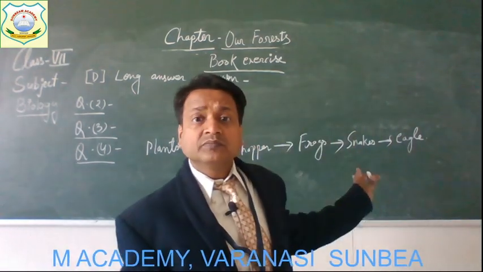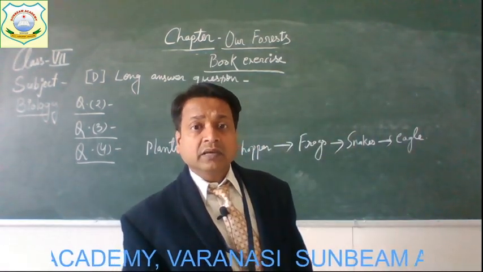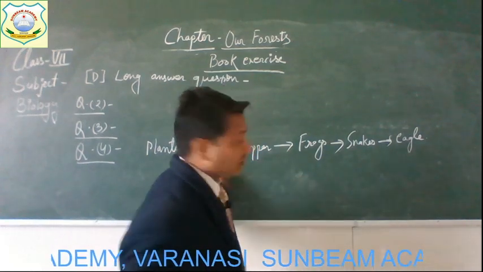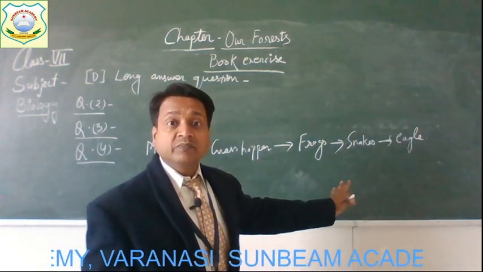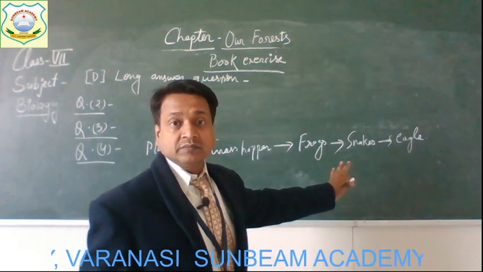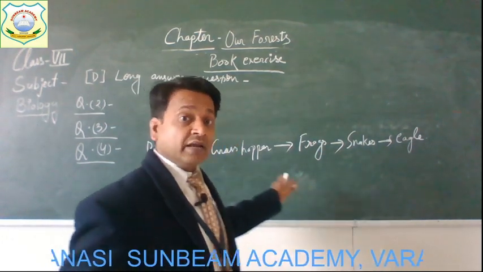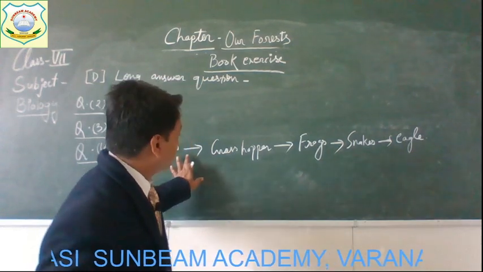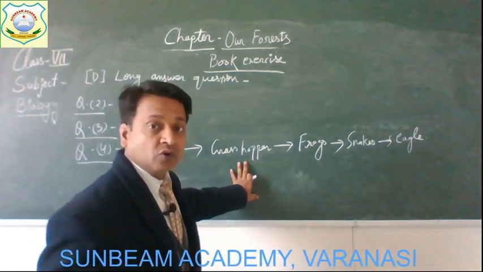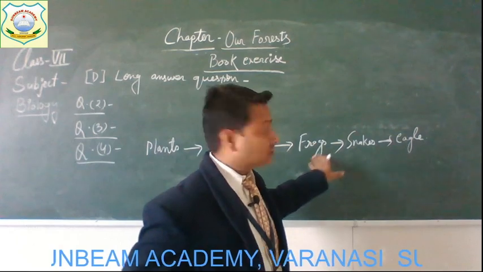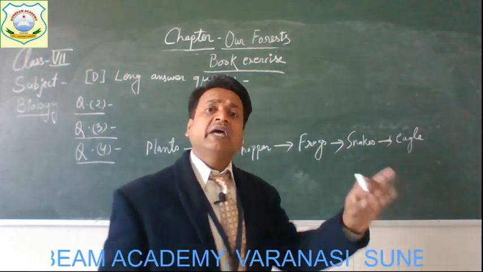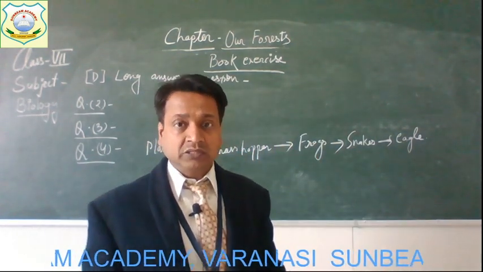Great. So yes, this chain shows how these different animals are connected to each other and how their population, like the population of plants, grasshoppers, frogs, snakes, and eagles, is maintained in nature.